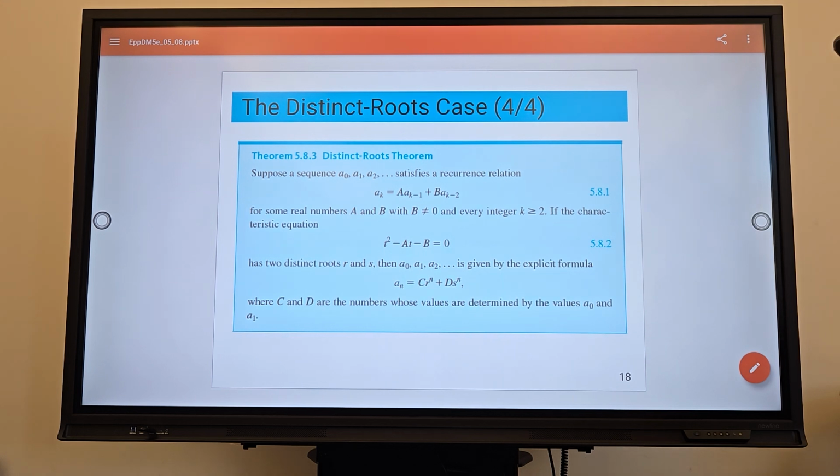If the characteristic equation t squared minus at minus b equals 0 has two distinct roots r and s, then the sequence a is given by the explicit formula a sub n equals c times r to the n plus d times s to the n, where c and d are numbers whose values are determined by a_0 and a_1.